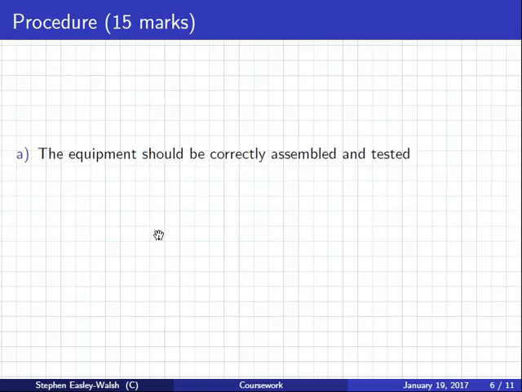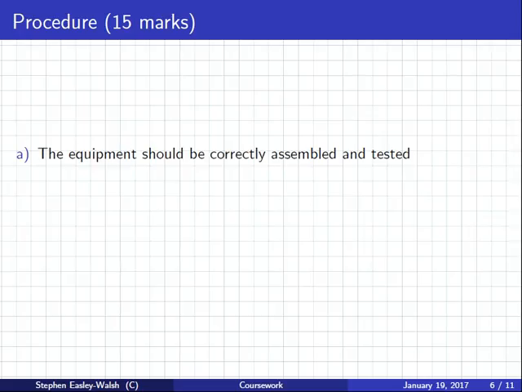Right, so what are your marks for the procedure? For the procedure, I need to see the equipment correctly assembled and tested. So make sure in your procedure you talk about ways to test the equipment to make sure it's working. For example, with the spring balance, what do you make sure at the start before you use it?